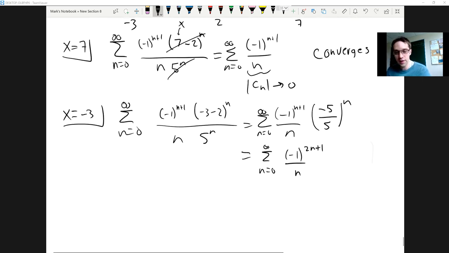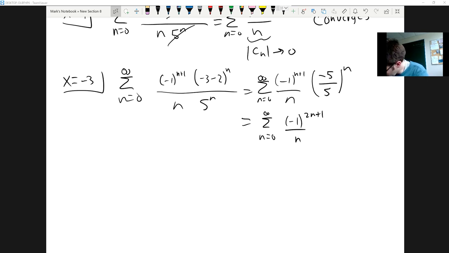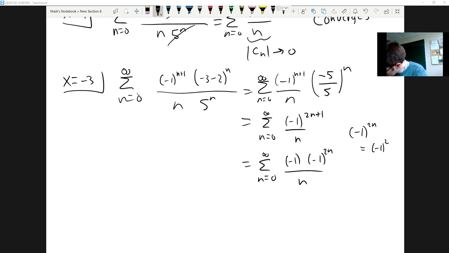And we can simplify that a little bit because another way of writing that is we have, well, one factor of negative 1 we could pull off, and then we'll have negative 1 to the 2n left. But negative 1 to the 2n is the same thing as negative 1 squared to the n, right?